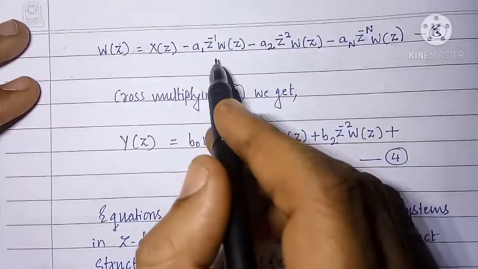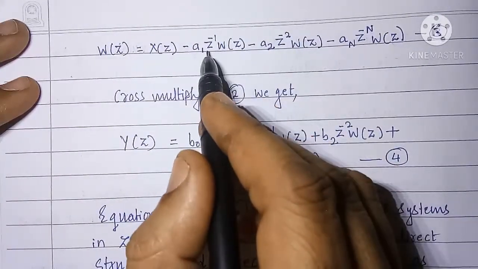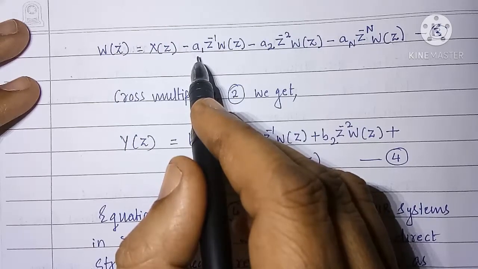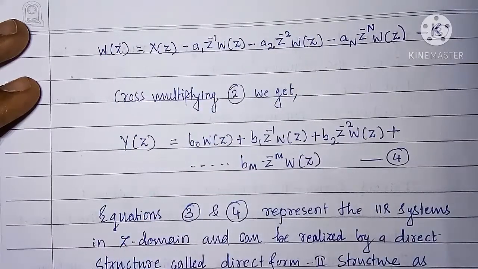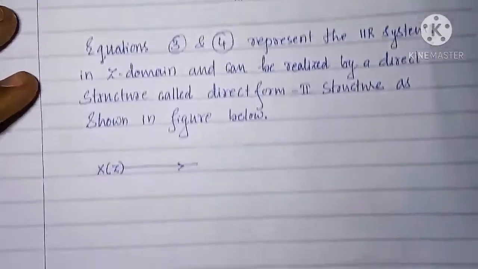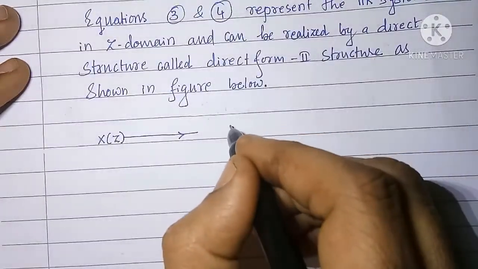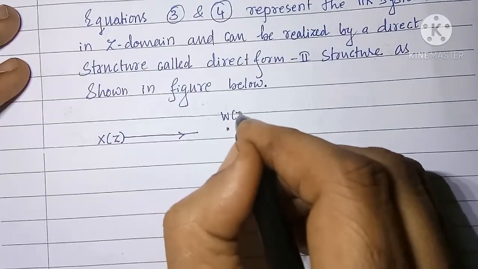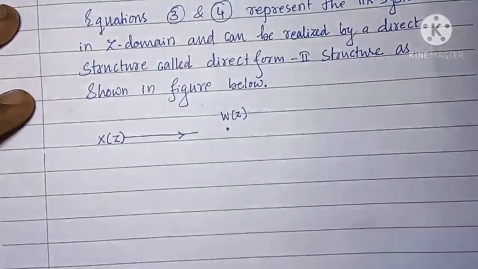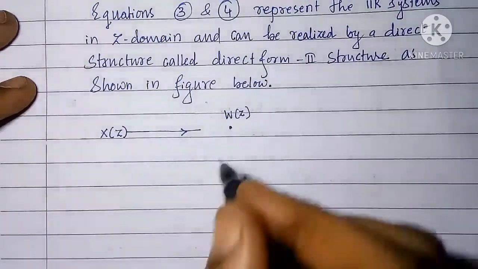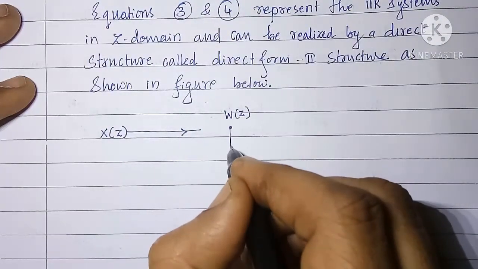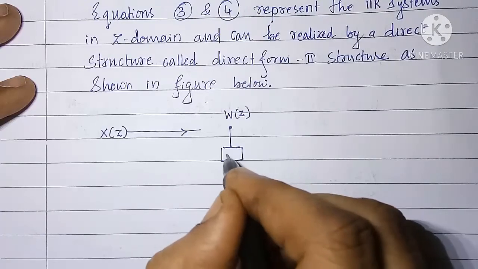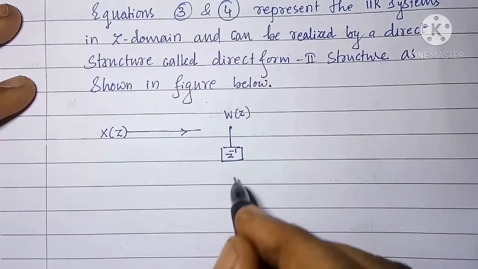In the second term, W of z delayed by one sample and multiplied with a1 we are having. So now what I will do is, I will show W of z here. And this is to be delayed by one sample. For that, we will take one sample delay.